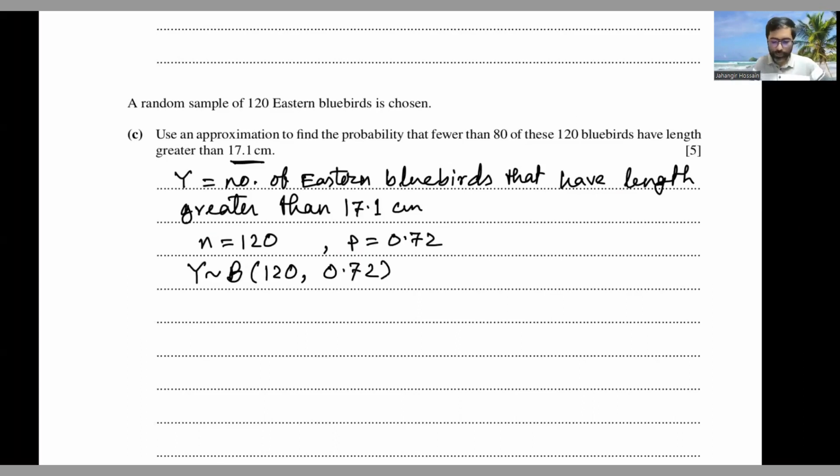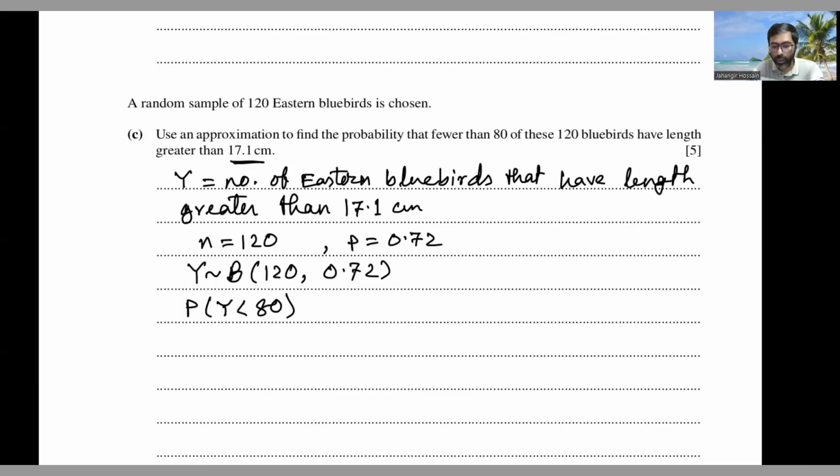The next thing is you have to find the probability that fewer than 80 of these 120 bluebirds have length greater than 17.1 centimeters. Now you see n is large, so you cannot easily use the binomial distribution here to find the probability.